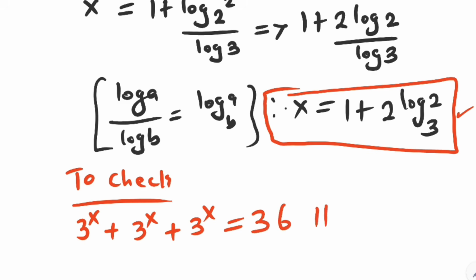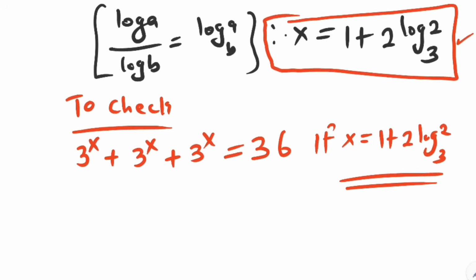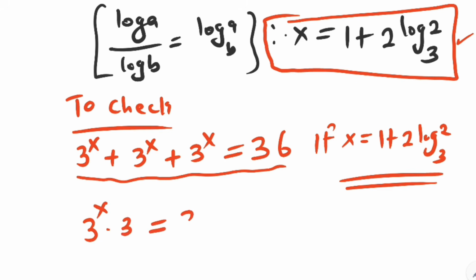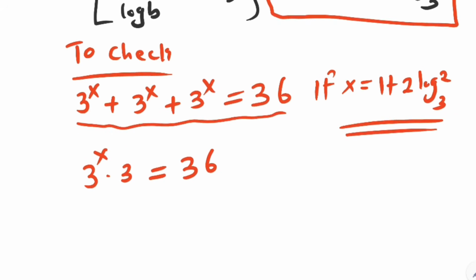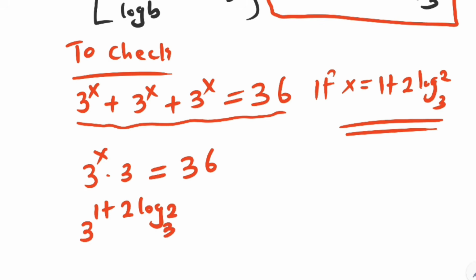If x is equal to 1 plus 2 log 2 base 3, then we have the whole of this is 3 raised to power x multiplied by 3 is equal to 36. This is 3 raised to power 1 plus 2 log 2 base 3 multiplied by 3 must be equal to 36.